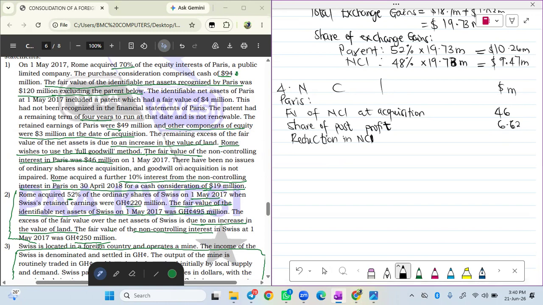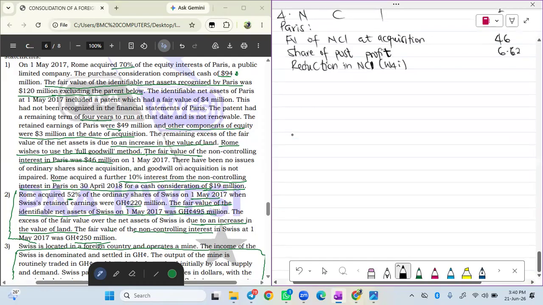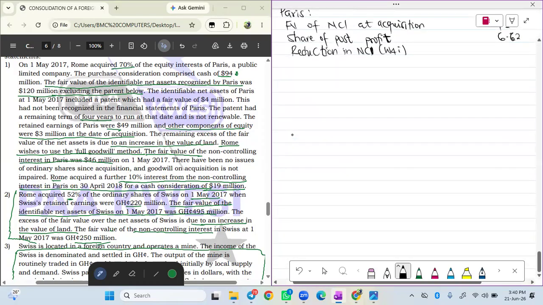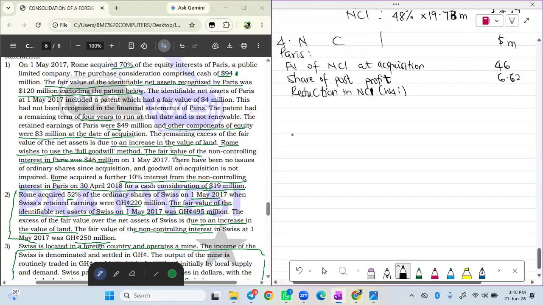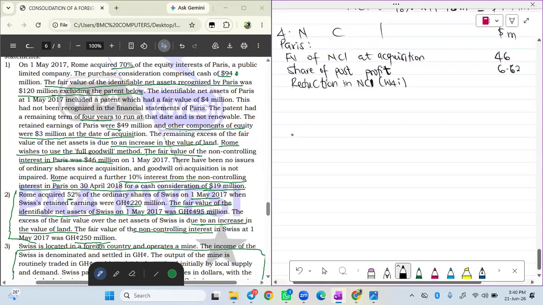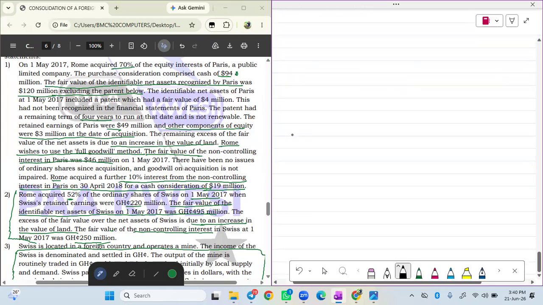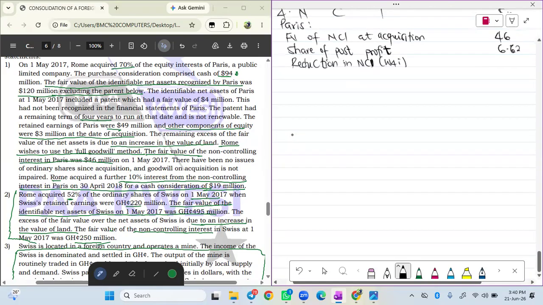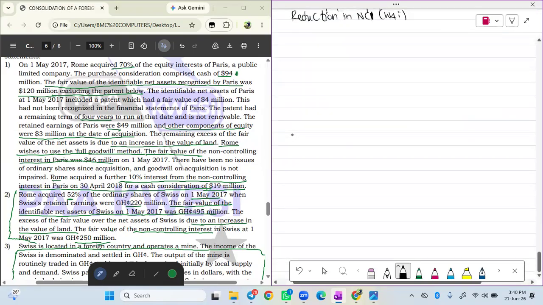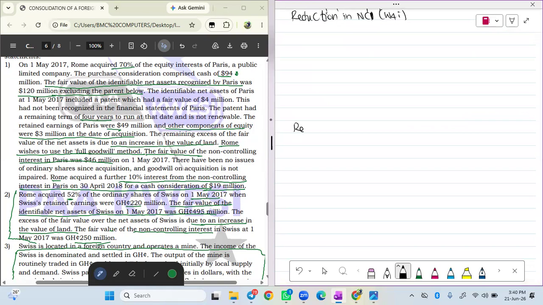Let's solve for it, say workings 4I. Let's calculate the reduction in NCI. I hope you remember the formula.